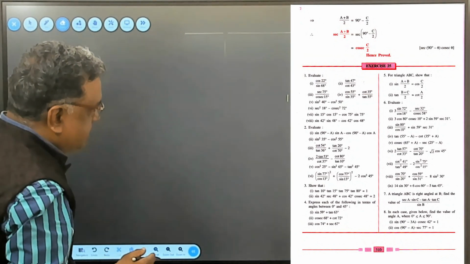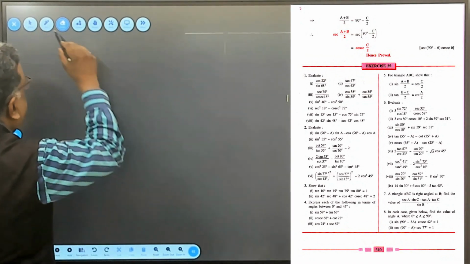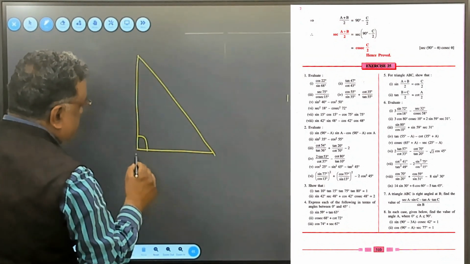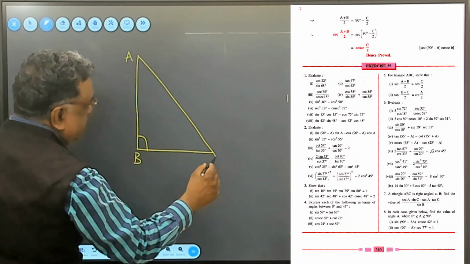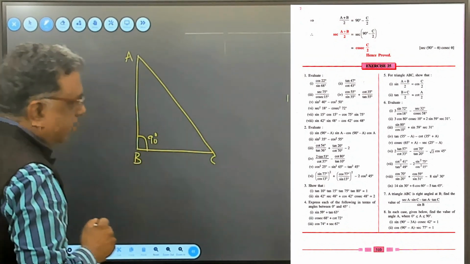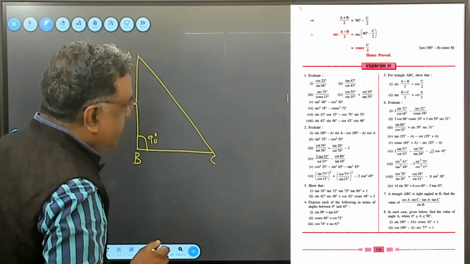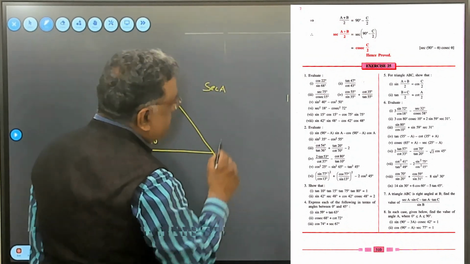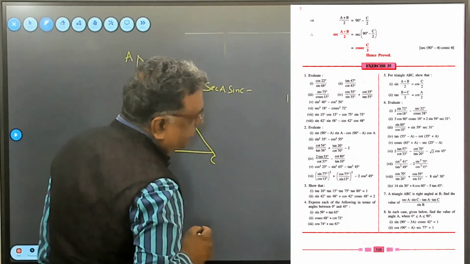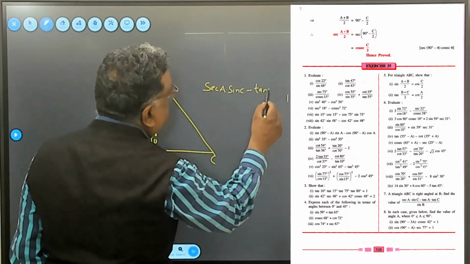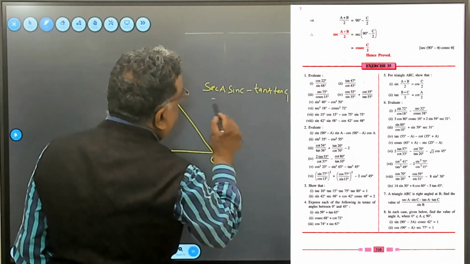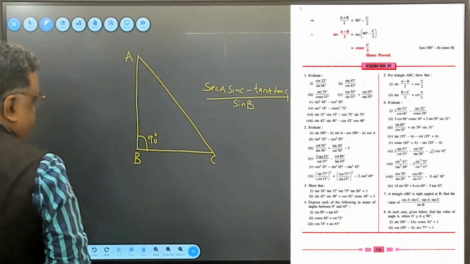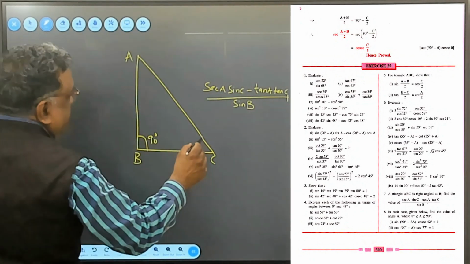There is a triangle ABC which is right angled at B. And you have to find out the value of sec A sin C minus tan A tan C upon sin B. Okay. So let us say if I call this angle as theta, this will be 90 minus theta.